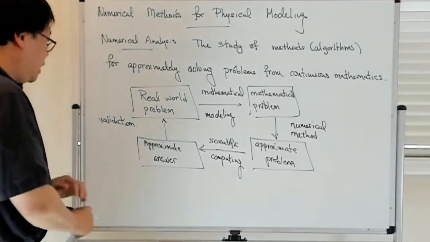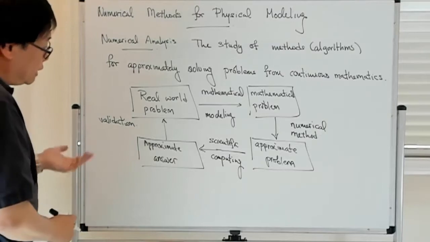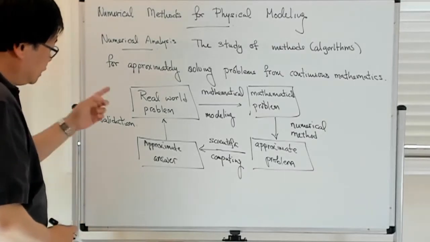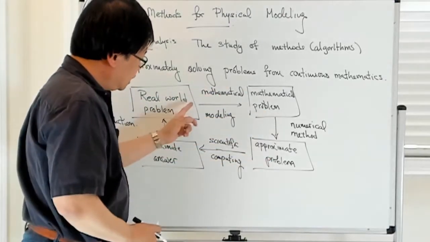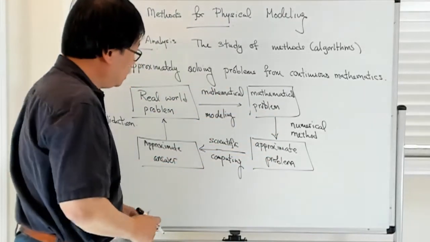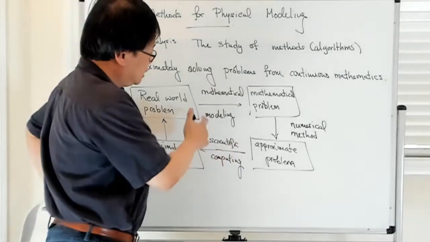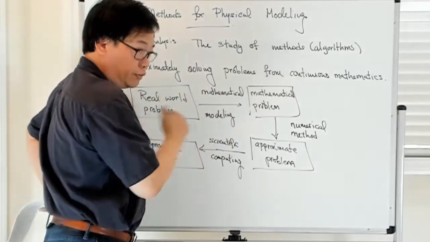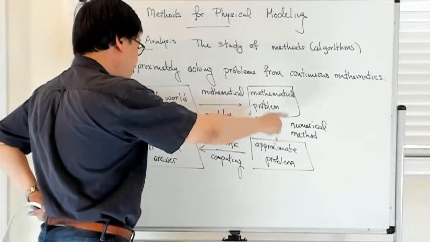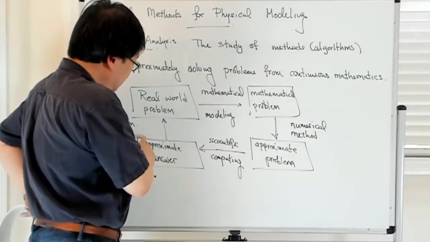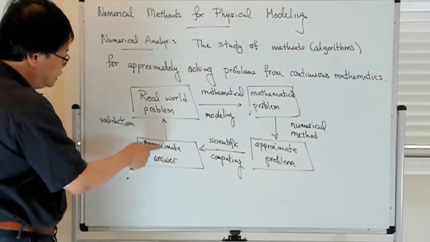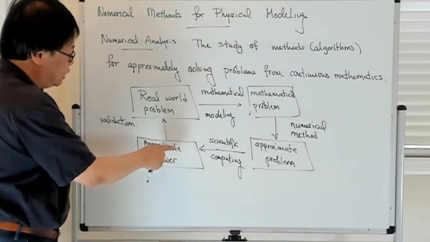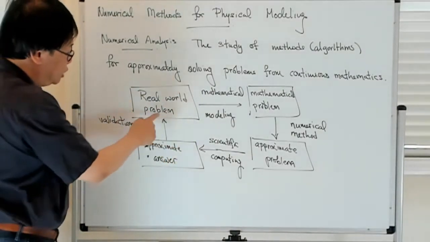Okay, and then ideally, each of these parts of the cycle, if you will, potentially introduces some sort of error, when you introduce some sort of approximation. So when you finally come back up to the approximate answer and then try to reinterpret it in the real world, you'll have to decide whether or not that approximate answer is accurate enough for your application.